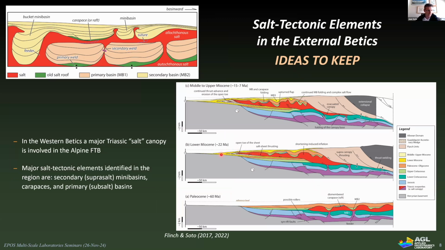In the Betics, we have identified mini basins on top of the allochthonous salt, some rafts or carapace that I didn't show in this presentation, and also a very important difference between the suprasalt and the subsalt sequences. In other words, between the secondary mini basin and the primary basin. This type of observation is probably important to take into consideration for the interpretation of other fold and thrust belts.